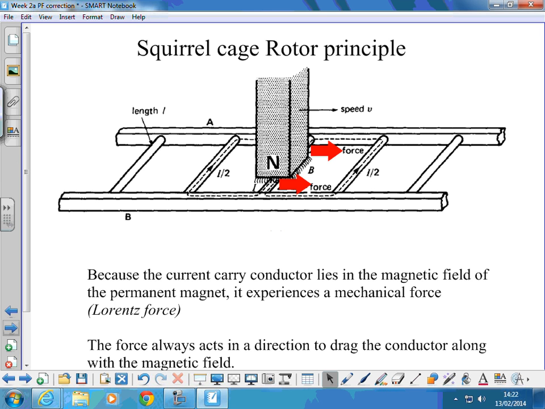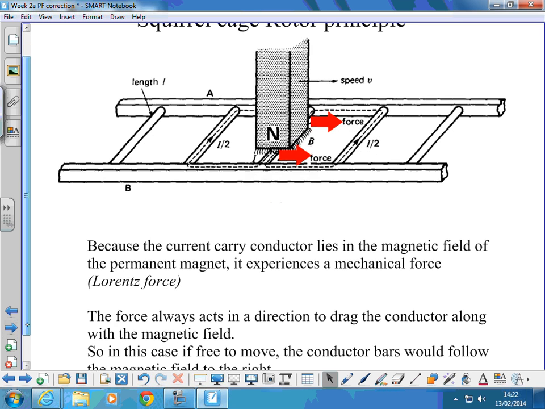Because the current carrying conductor lies inside the magnetic field around the end of the magnet, it experiences a mechanical force called the Lorentz force. This force always acts in a direction to drag the conductor along with the magnetic field. So this conductor under here, the one that's in the field, is effectively going to have a force on it.